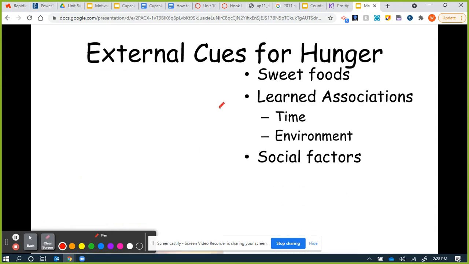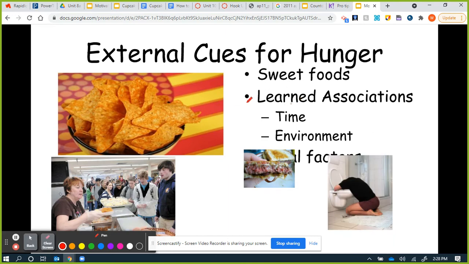All right. External cues for hunger. We tend to gravitate towards sweet foods, especially when we're tired or depressed. And then we have learned associations with hunger. A lot of us just eat dinner at the same time every day.